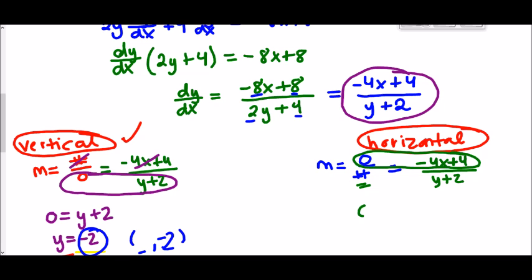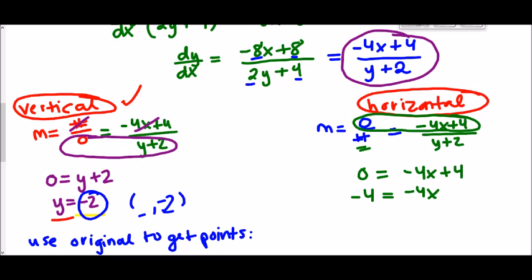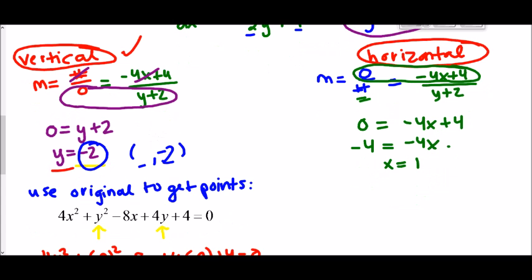So right now we only care about 0 equals negative 4x plus 4. And then to solve this, we subtract 4. So we have negative 4 equals negative 4x. So x is positive 1 because we divide this negative 4. Negative 4 divided by negative 4 is positive 1.